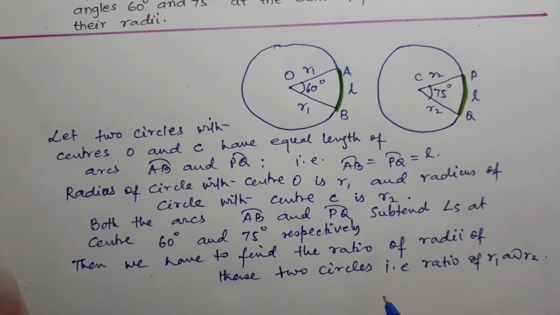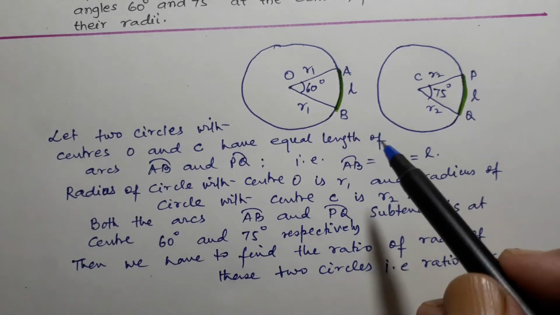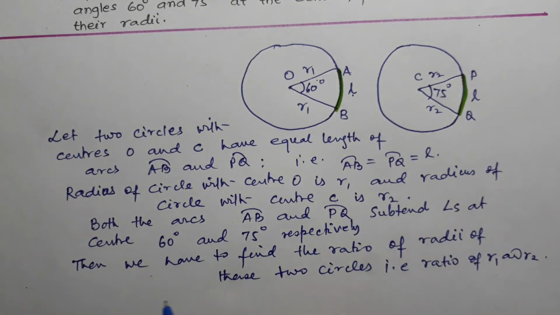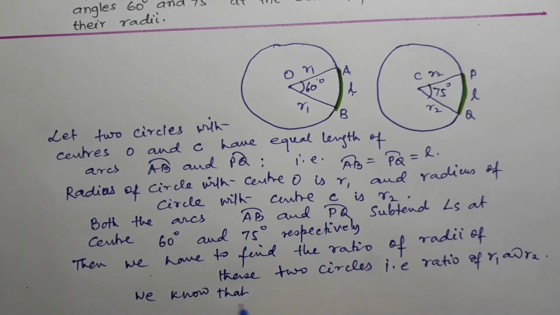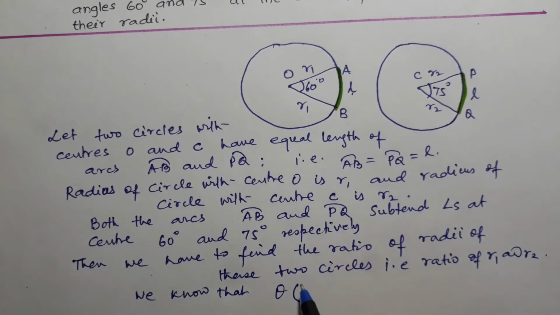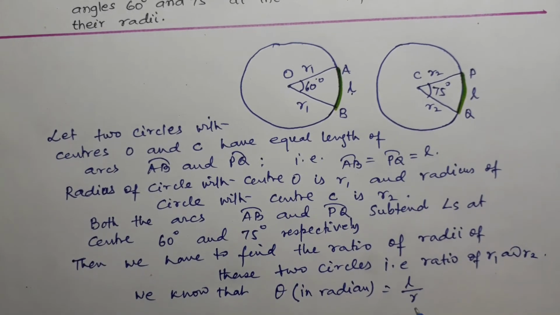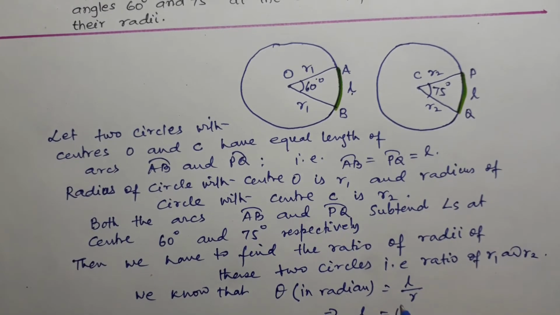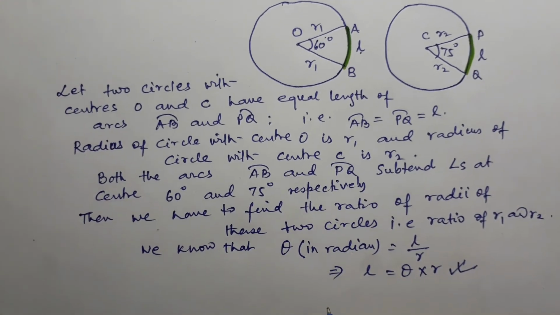So for finding the ratio of R1 and R2, there is a formula which correlates radius, theta and length of arc. That is, we know that theta is always measured in radian, so theta in radian is equal to L by R. So ultimately L would be theta into R. Okay, this formula we shall apply in the answer.